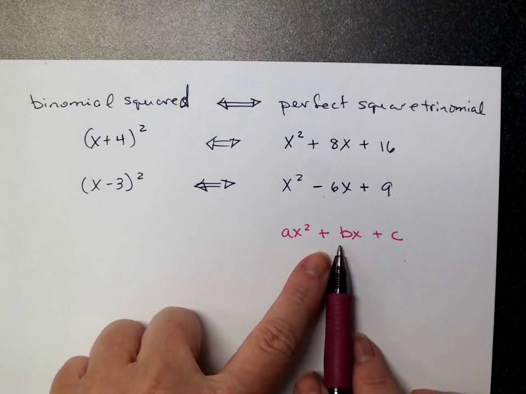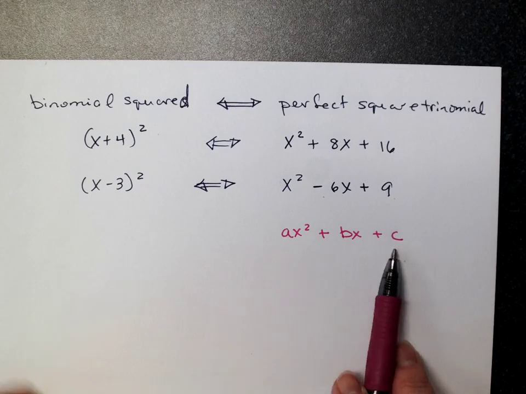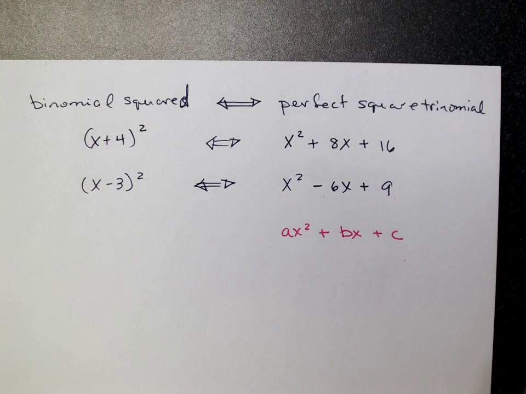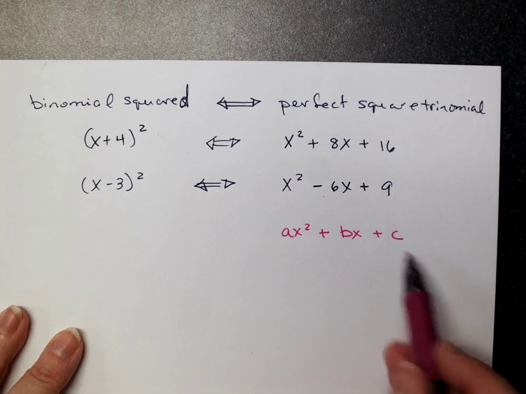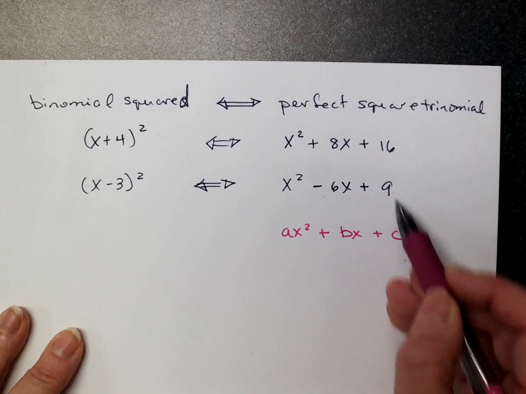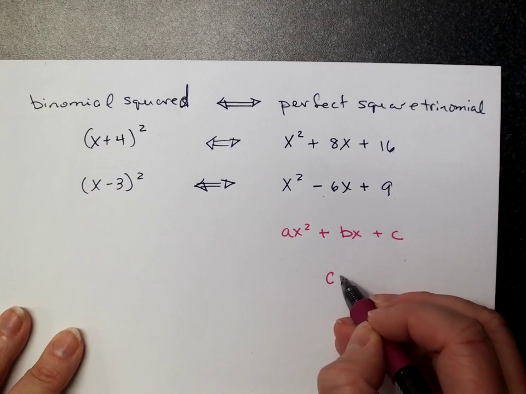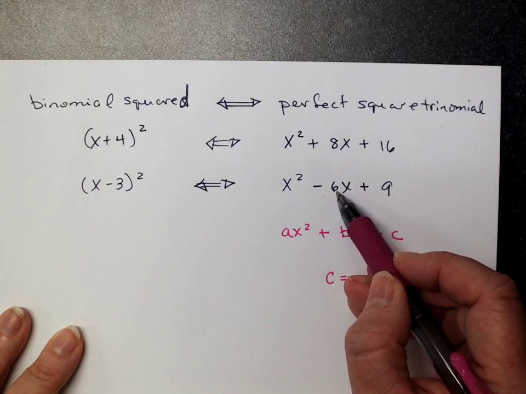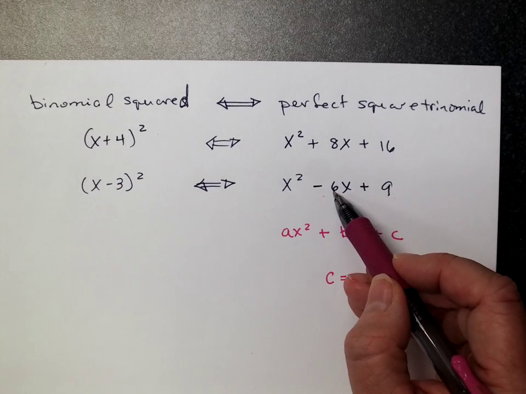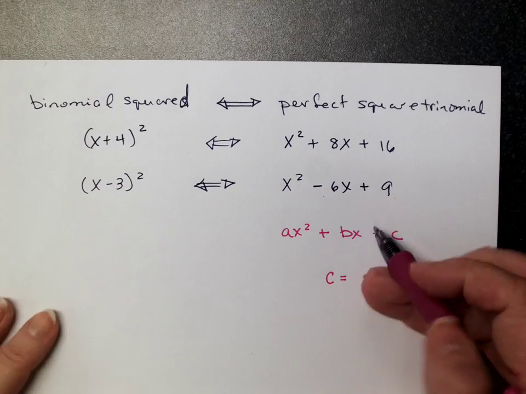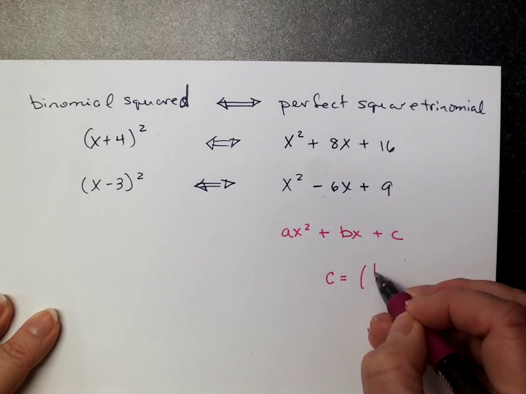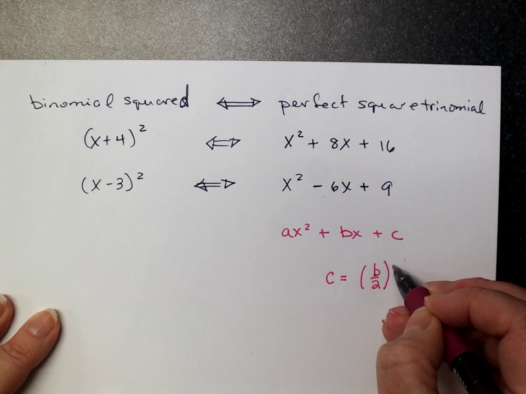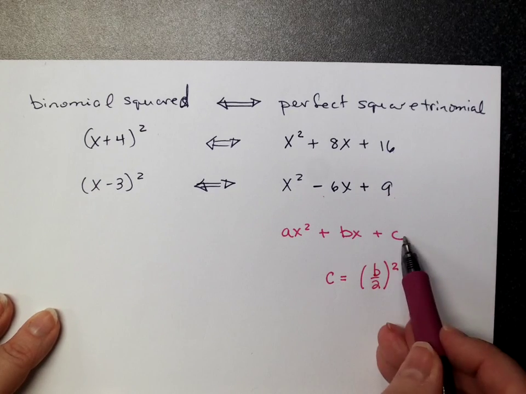So if I have my basic ABC trinomial, and I know it's a perfect square trinomial, then it's going to have this relationship. My c, my constant, is going to be equal to my linear coefficient, broken in half and squared. If I take my linear term and break it in half, undouble it, and then square it, the opposite of unsquaring, then I get this number.